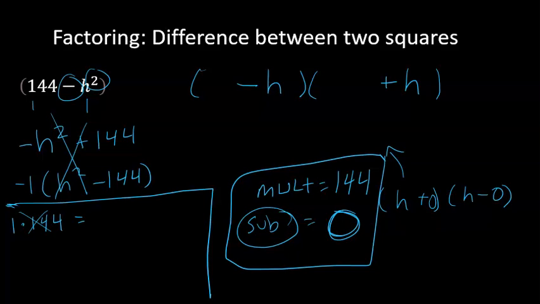I can't do 3. I can't do 4. 5 won't even work. So maybe a 6. Let's try 6, because we could do 6 and then 24, and that makes 144. But if I subtract these, it's not going to give me a 0. I very specifically need 0, so I have to keep moving on.